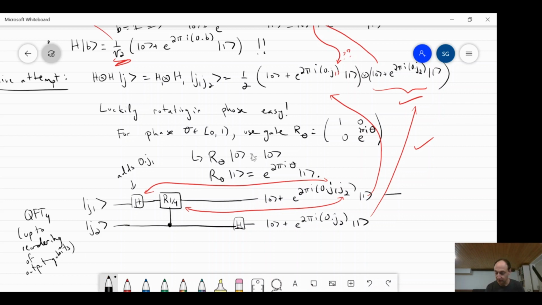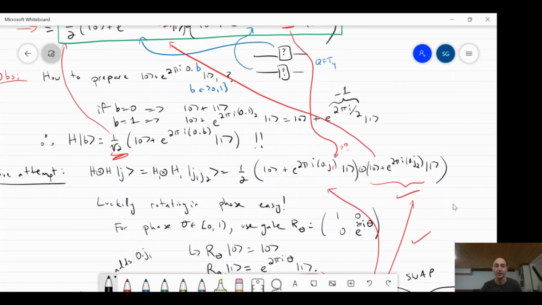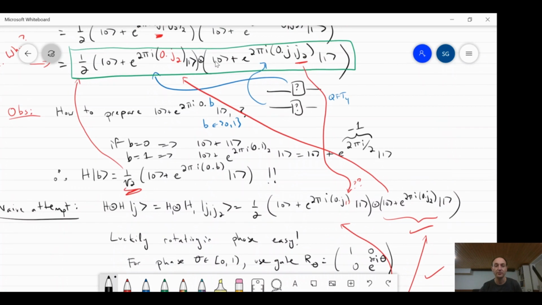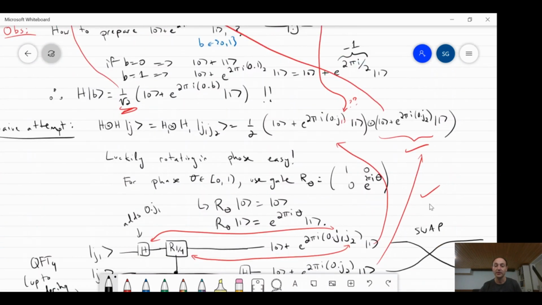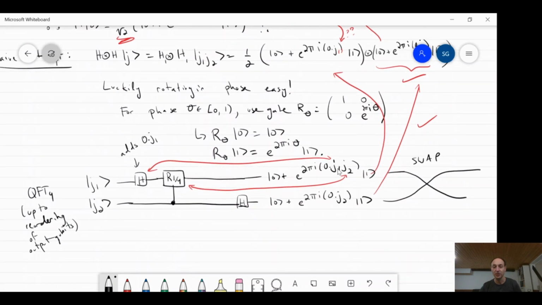You should take the wires and swap them over. That reordering will give you the right output order. Because remember, what we actually wanted was this green thing over here where J2 is on the left and J1 was on the right. And what we're getting when we run the circuit is J1 on the left as the first register, and this one is on the right. So we just need to swap the wires.